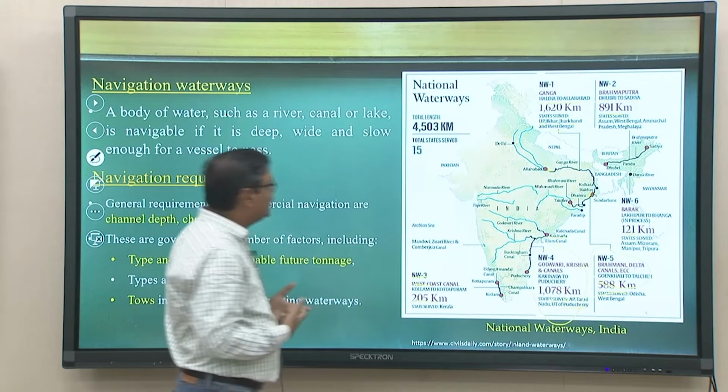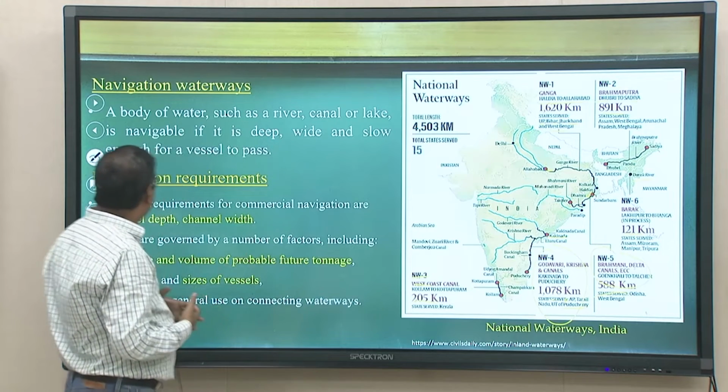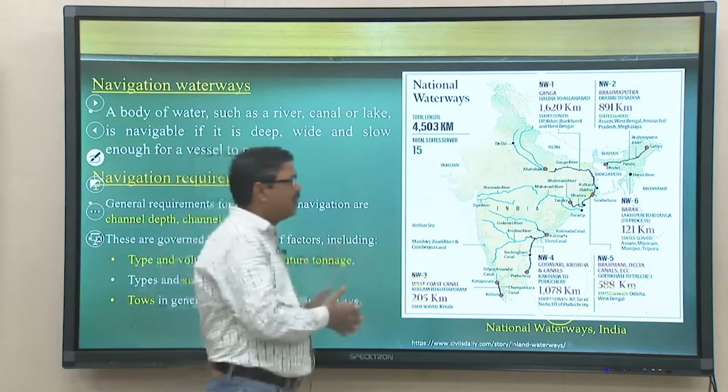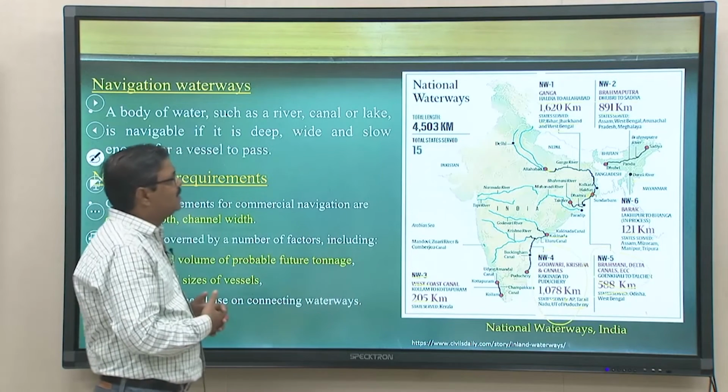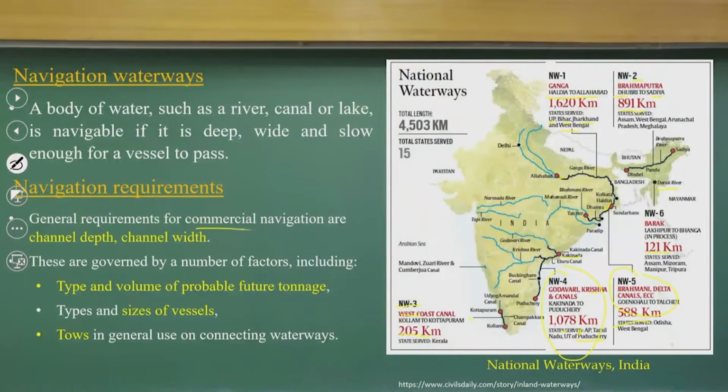Okay. So, looking at that, let me talk about the context. To navigate the river, to have enough water to maintain it as a national waterway, you require it for commercial navigation, for moving goods from one point to another. For example, from Haldia to Allahabad, we need a channel depth and channel width.